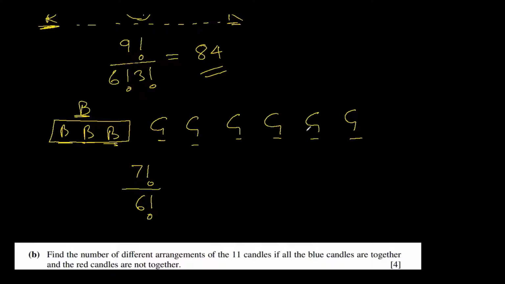Now the reds should not be together. That means red can take these circles. I'm drawing circles. 1, 2, 3, 4, 5, 6, 7 and 8. These are the 8 places available for reds, but they are not 8. They are how many? They are just 2. So they will take 2 places anywhere of any of these 8 circles, and they will not be together.